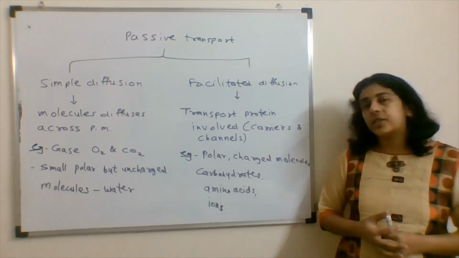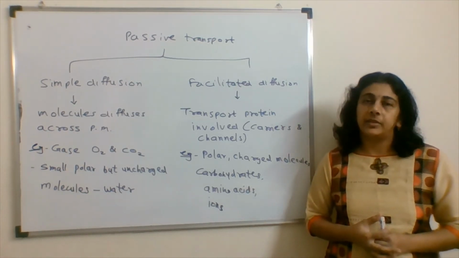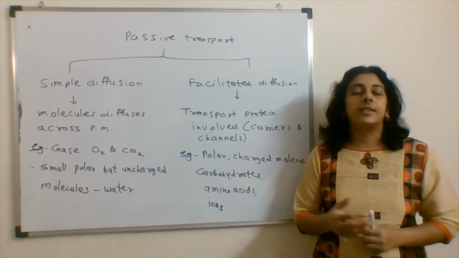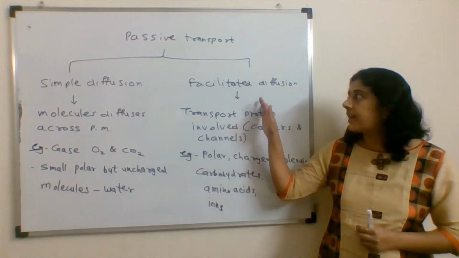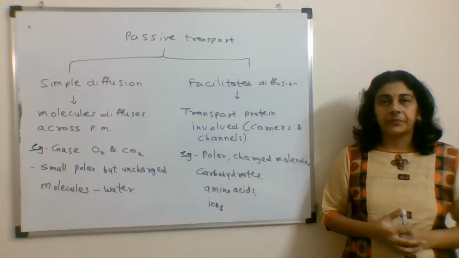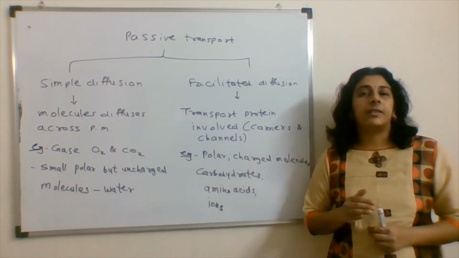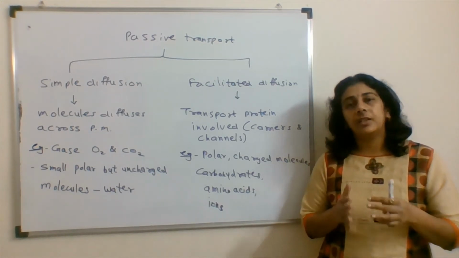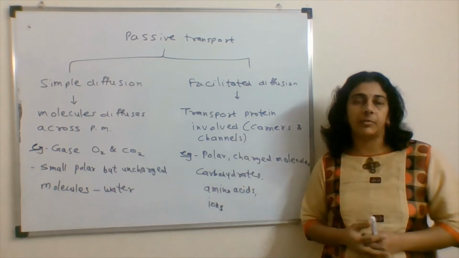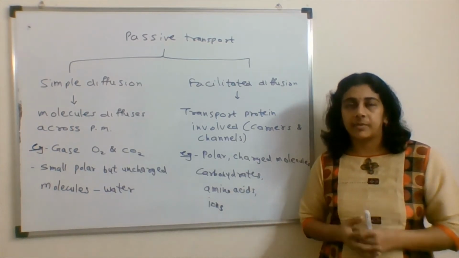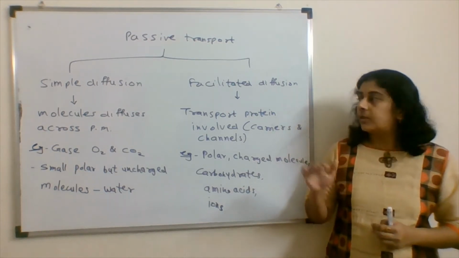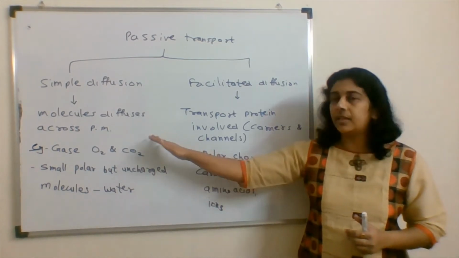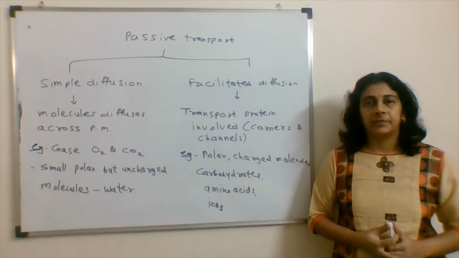And here polar charged molecules can be transported, like carbohydrates and amino acids. This facilitated diffusion is selective. Particular molecules can be transported using the carrier or channel proteins present in the plasma membrane. Also, facilitated diffusion is faster as compared to simple diffusion.